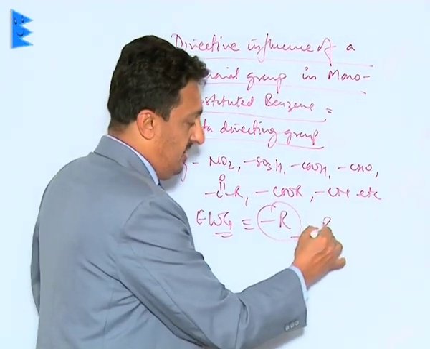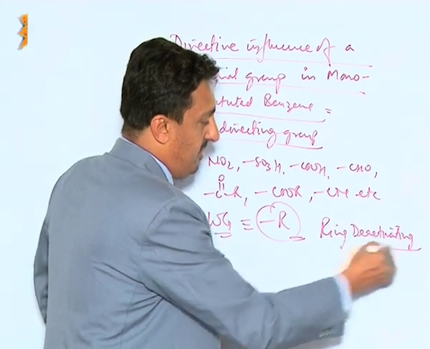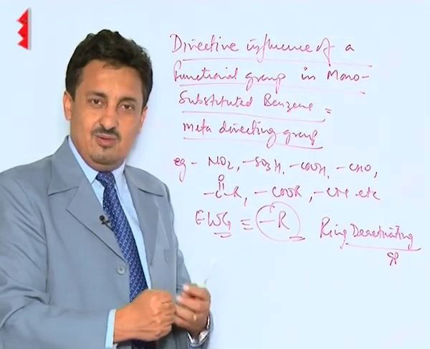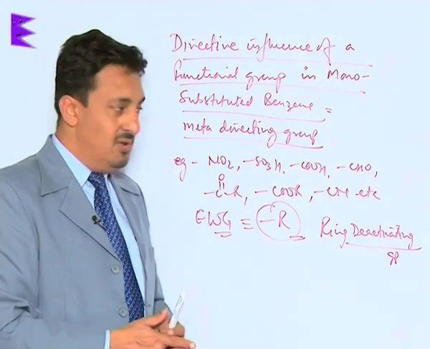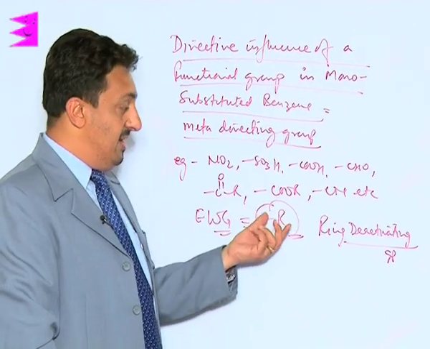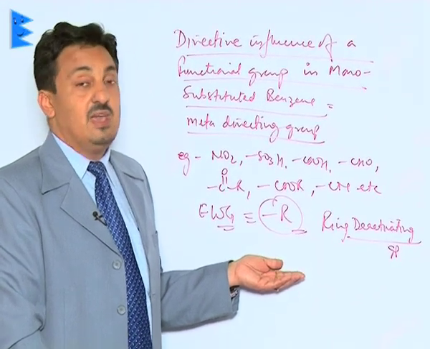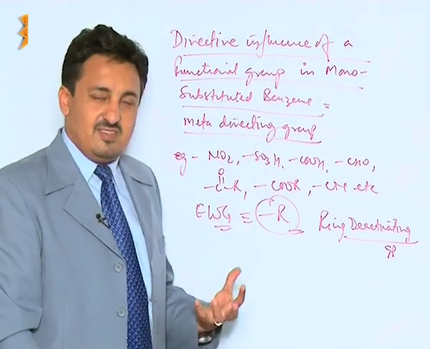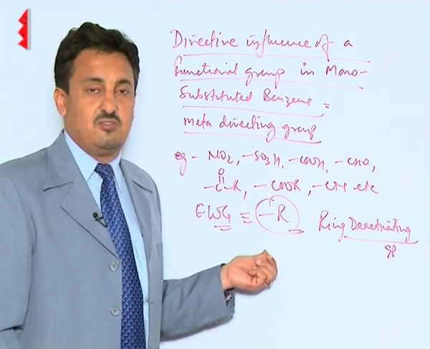They are called ring deactivating groups, the reason being they deactivate the benzene ring, take out electrons and try to break down its aromatic nature by not allowing it to follow Huckel's rule, and that's why they are called meta directing groups, because they will create positive charge at ortho and para positions, so the incoming electrophile will come only at meta position. Moreover, since the positive charge is created on the benzene ring, they will show these electrophilic substitution reactions with difficulty under extreme conditions.